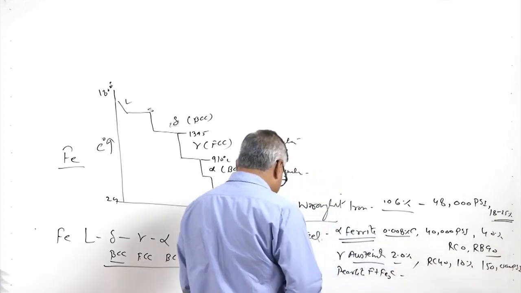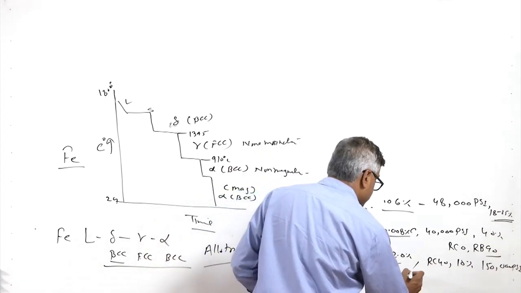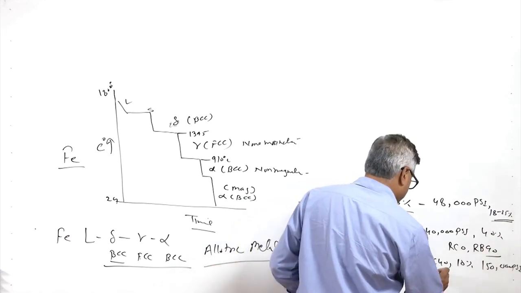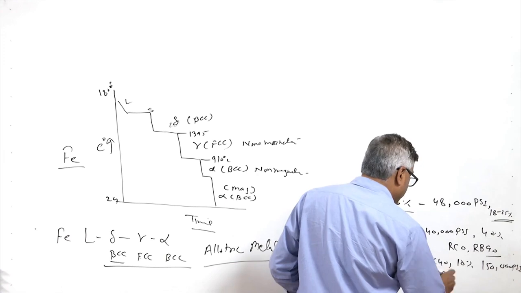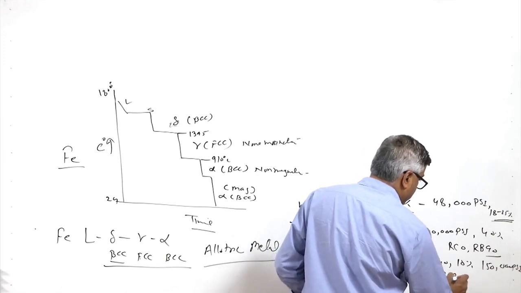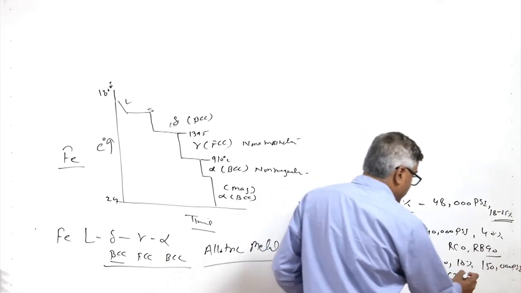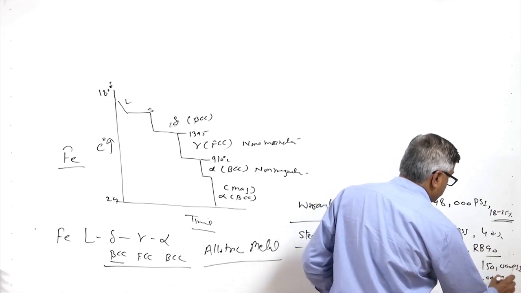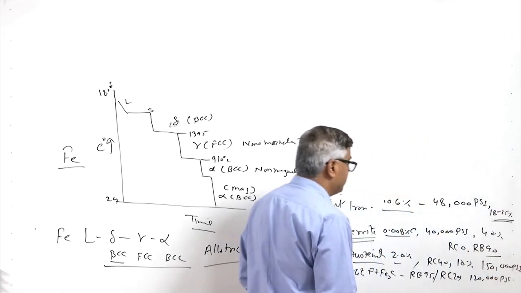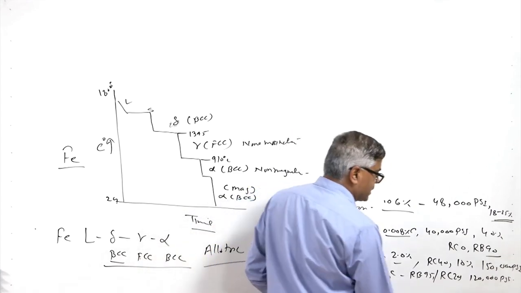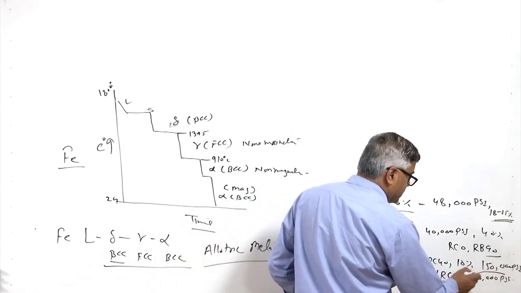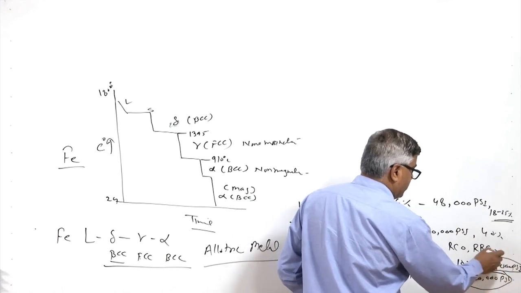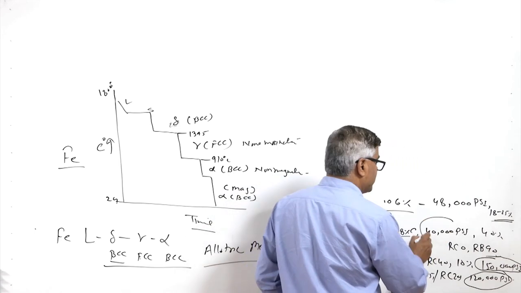Fe3C offers a hardness of RB 95 or much higher, even a higher hardness of RC20, and the strength is 120,000 psi. So from here we can have some idea about the strength as well as ductility, while the ferrite has lower strength but higher ductility.